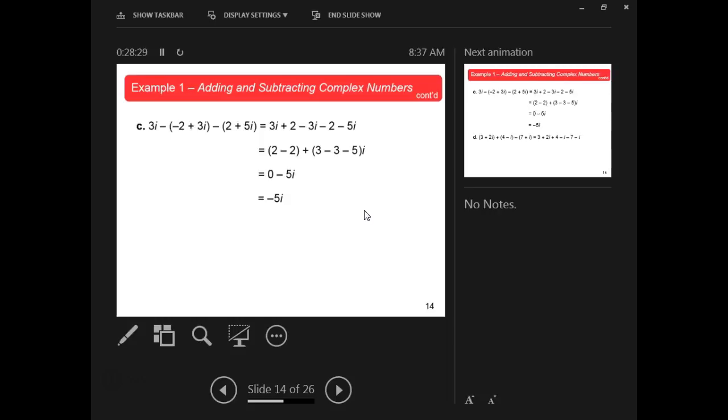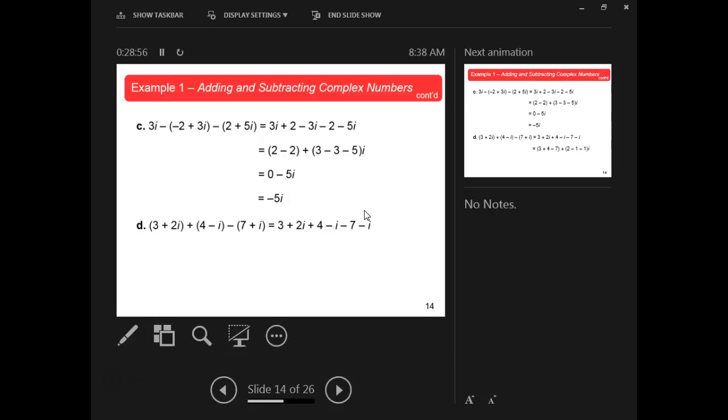Oh, I guess there is another. So how about this one? What do we have there? It's just 0. Because your real part is 3 plus 4 is 7 minus 7 is 0.